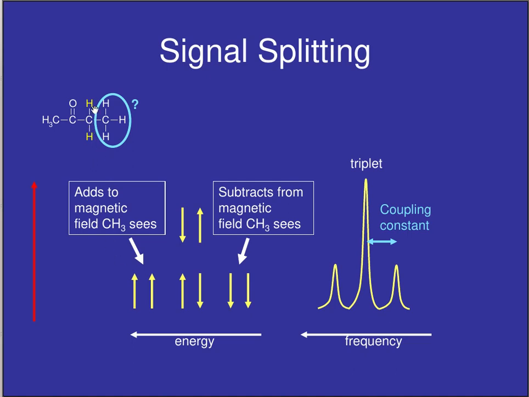Of course, it doesn't matter if this is against and that's with, or that's with and against, but a quarter of your sample will have this situation, another quarter of your sample will have this situation, and those two will work together. Those two have the same effect on the methyl group, and so this methyl group is not affected when they are opposite. But when they're both against the magnetic field, then your methyl group is going to see a much lower magnetic field and a lower frequency.